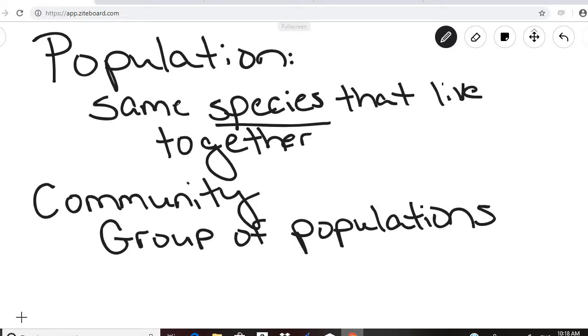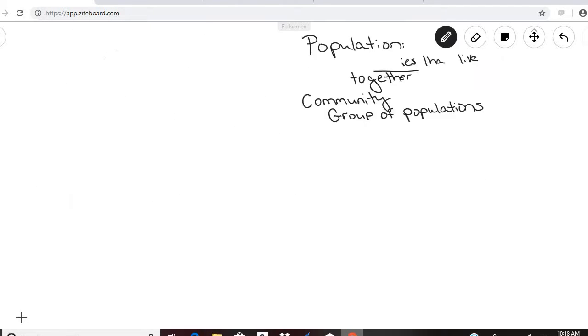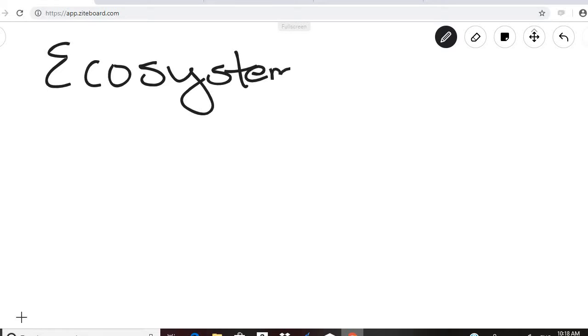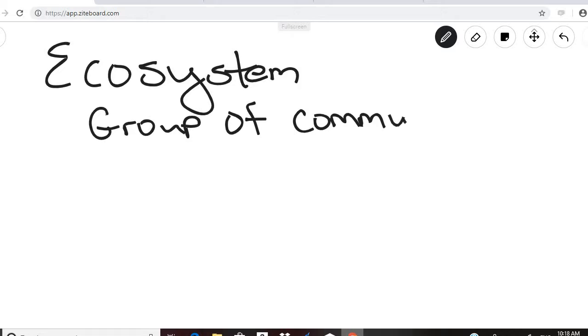And then the last one that we would talk about would be an ecosystem. An ecosystem would be a group of communities, and this would include their physical environment.